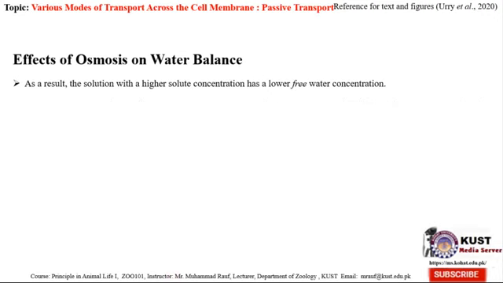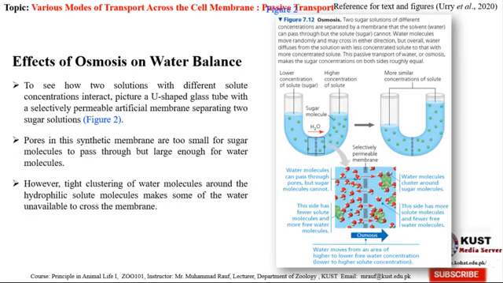So let's go back to that diagram once again. As you can see here, on this side there are few solute molecules, so more water molecules are free, and on this side there are more solute molecules, so more water molecules are occupied, they are bound with the solute molecules, and fewer water molecules are free.